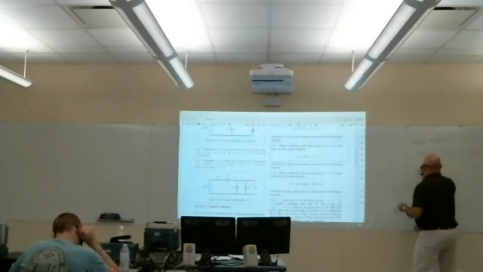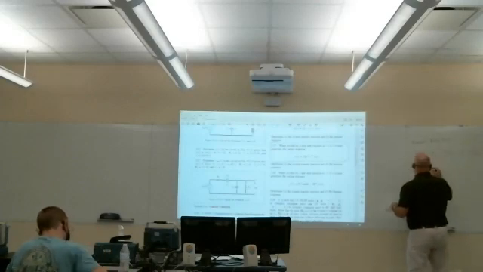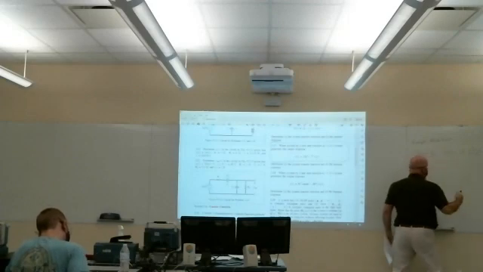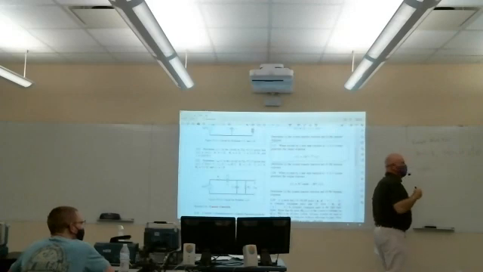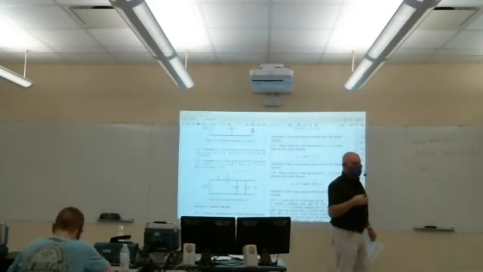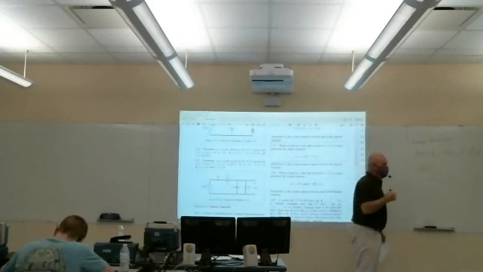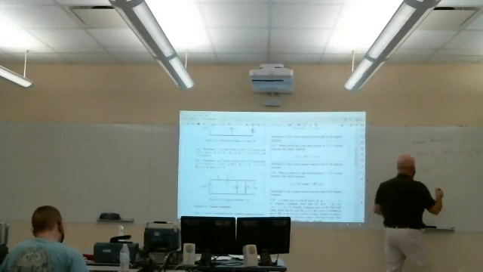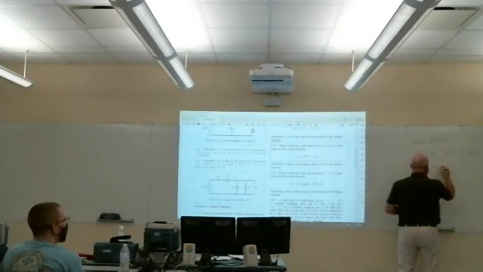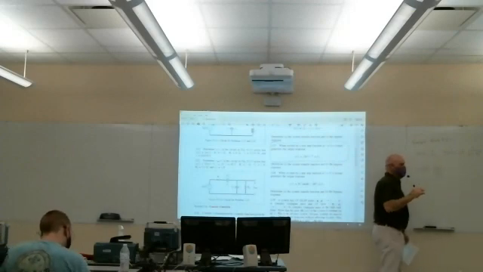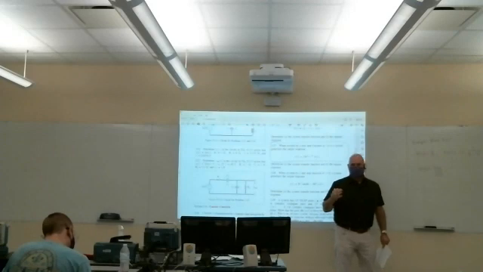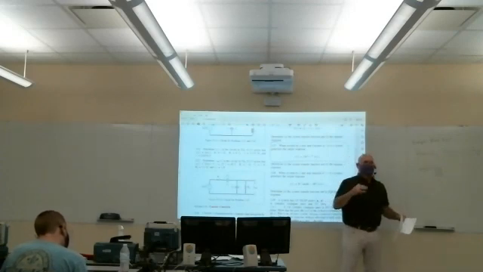So h of s. Now, for some other input, I'm going to get, of course, a different output, right? But it doesn't matter. The ratio will always be the same h of s. So h of s, it's the output over the input. Find some way to memorize that, because the common mistake is to say it's the input over the output.